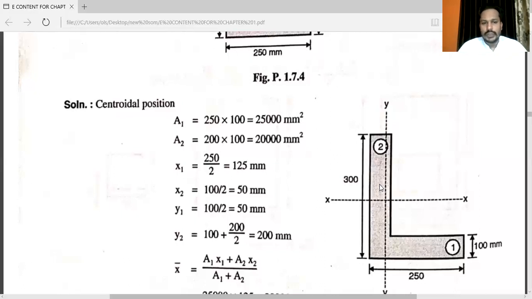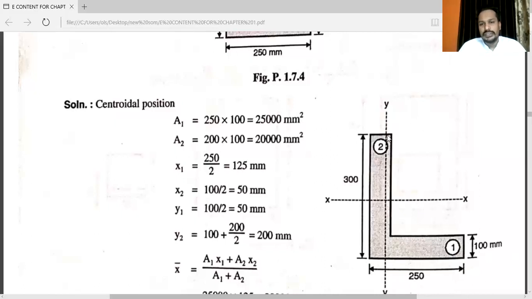Similarly, you have to calculate y1, y2. To calculate x bar and y bar, you have to consider x1, x2, y1, y2. We know the formula how to calculate centroid. So here, y distance means vertical distance from x-axis, that is 100 by 2.